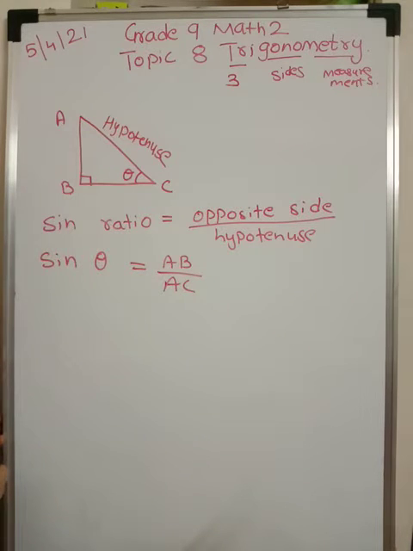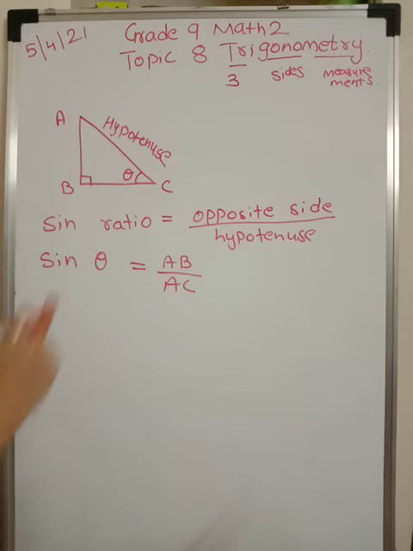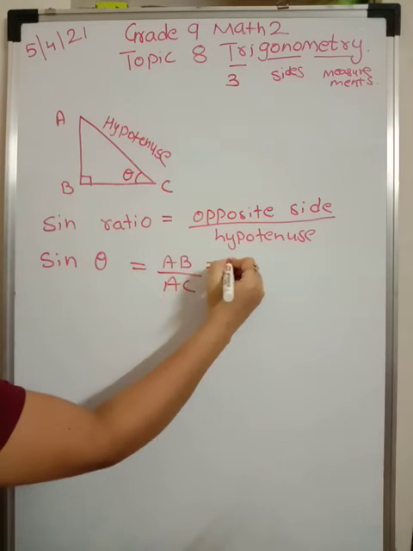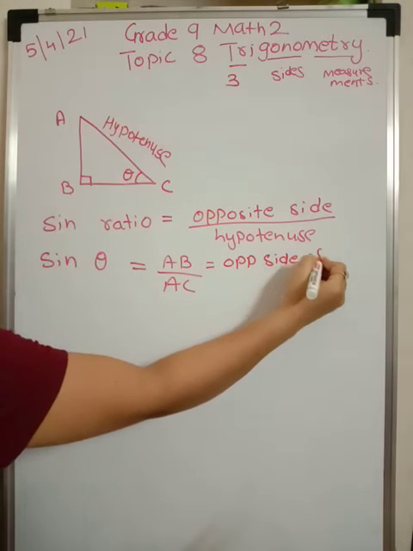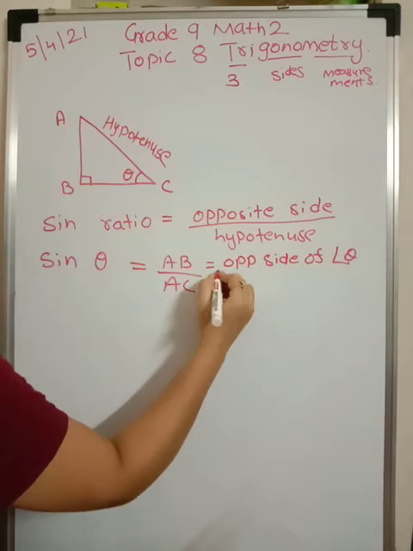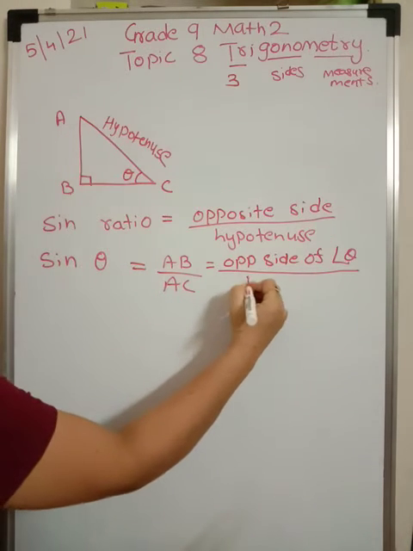Are you understanding me? In short, what is AB? AB is opposite side of angle theta. So this is nothing but opposite side of angle theta upon, what is AC? Hypotenuse.